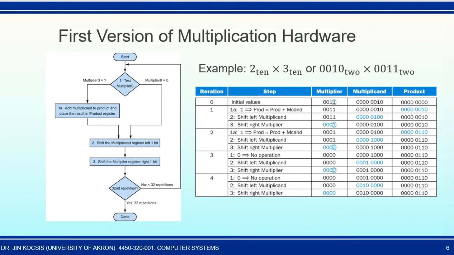So now we continue to talk about the algorithms and hardware design to realize the arithmetic operation, which is multiplication. I want to mention there are totally three versions of the multiplication hardware design. Accordingly, we will have three corresponding algorithms associated with each of these three versions, and we will talk about one after another.